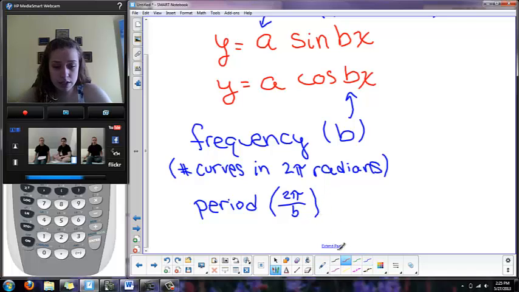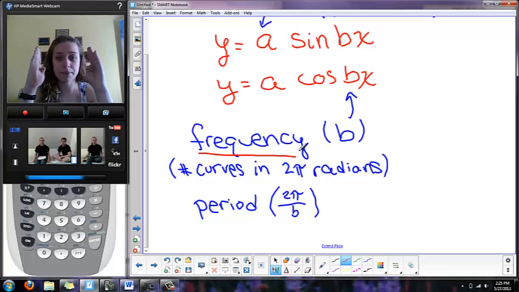So frequency is the number of curves that you see in 2 pi radians. So it's the number of curves that you see between two sets of points.